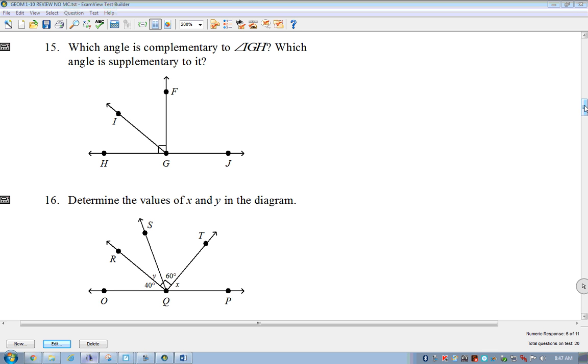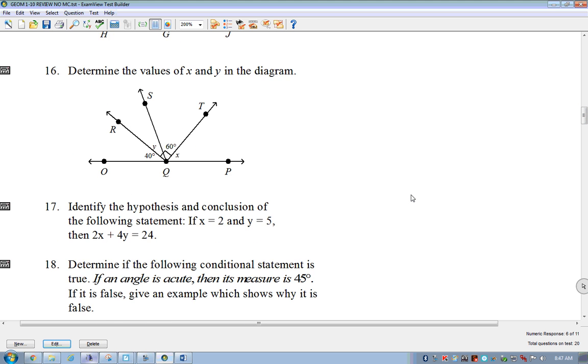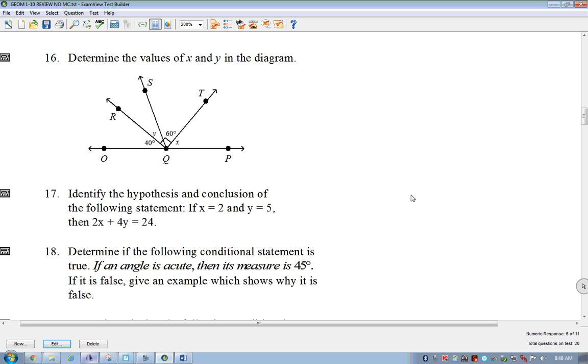All right, let's look and see what's next. That was 15. Looks like we got 16 next. 16 was from the last test, right? A little different, same basic concept. Determine the values of x and y in this diagram. The easiest one to figure out here is, if you look at this angle, what do you notice that the blue angle totals out to be? A right angle, which is how many degrees? 90.